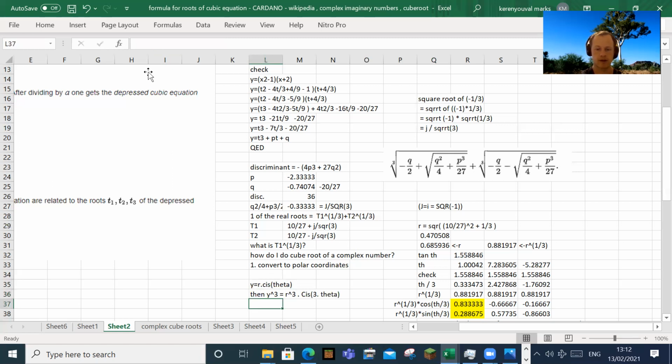And just remember, cis theta equals cos theta plus j times sine theta. Okay. All right. So that's what we've got to do here.